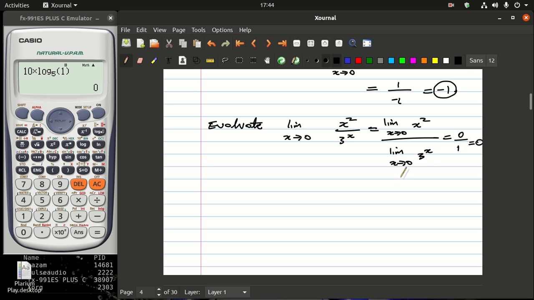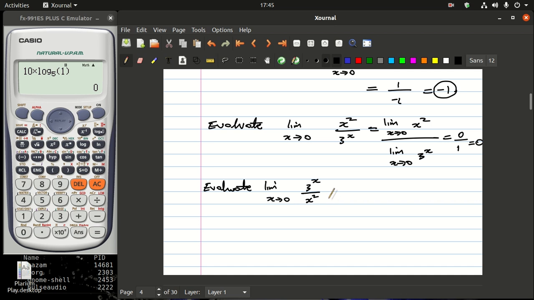Now, let us look into this thing here. Suppose now I want you to evaluate the limit as x approaches 0 of 3 to the power x all over x squared. How do you deal with that?